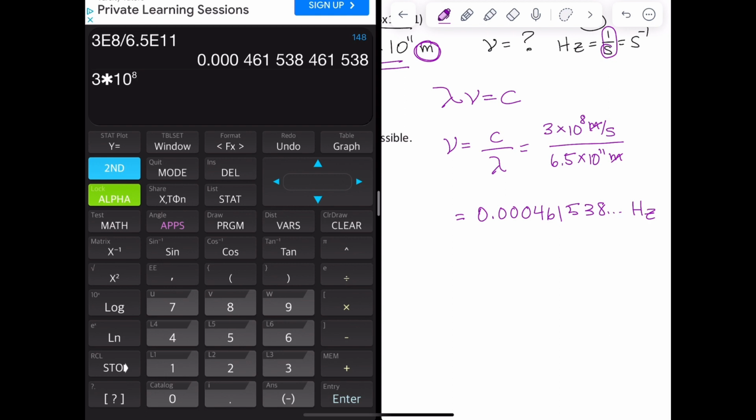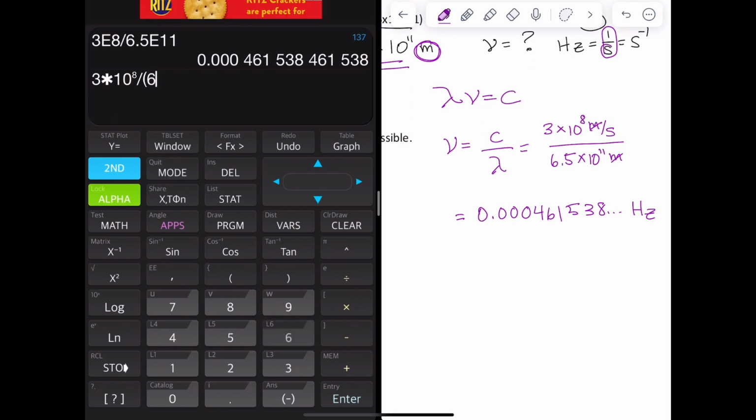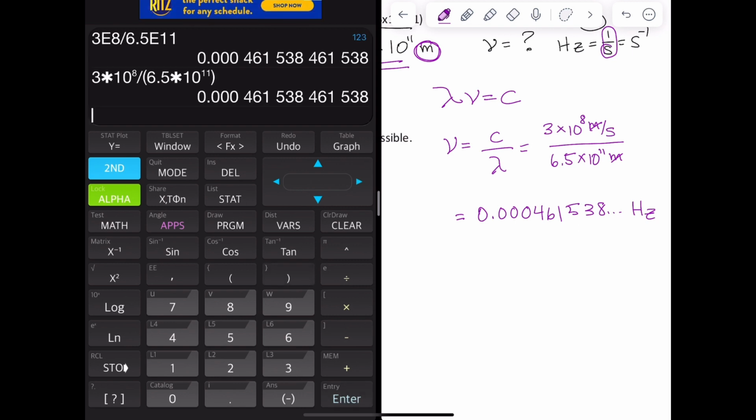I'm going to move my cursor forward to get it out. And then I'm going to hit divided by. I have to use parentheses if I use this times 10 raised to the power button, especially in the denominator, because of order of operation. If I don't use parentheses, I will get the wrong answer. So this is an alternate way. And again, when I plug it in and hit enter, I get exactly the same answer.